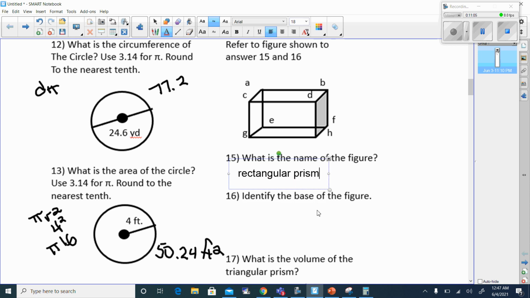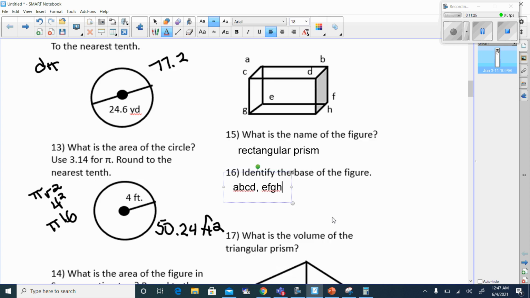And let's see, identify the base. Well, it has two bases, A, B, C, D. And it also has another one, E, F, G, H. Okay, there are two bases there.